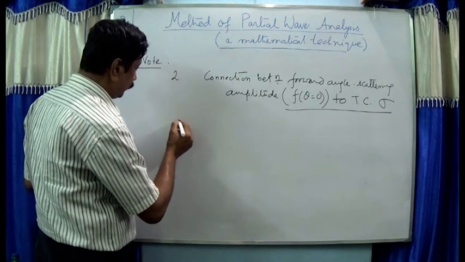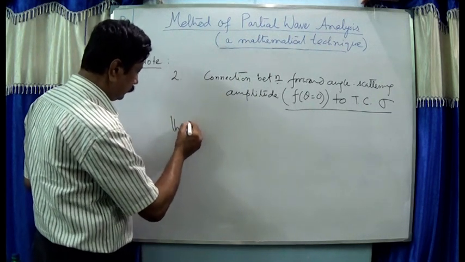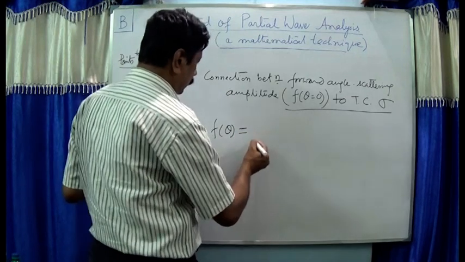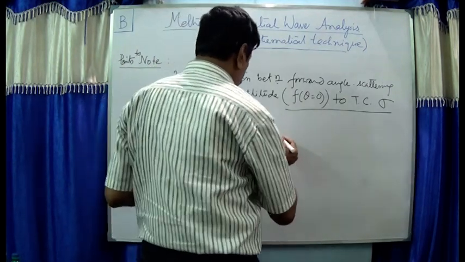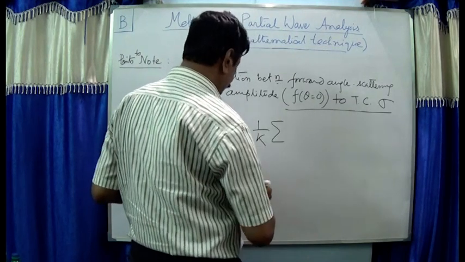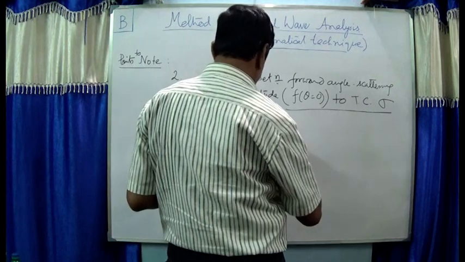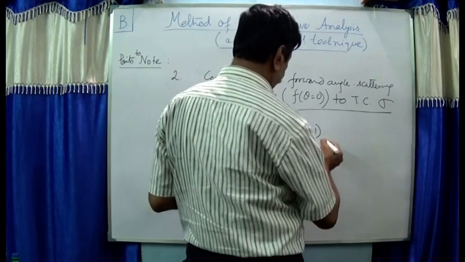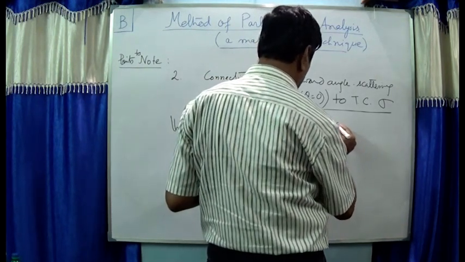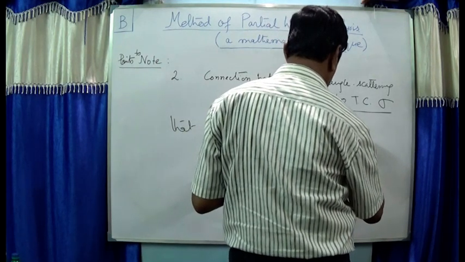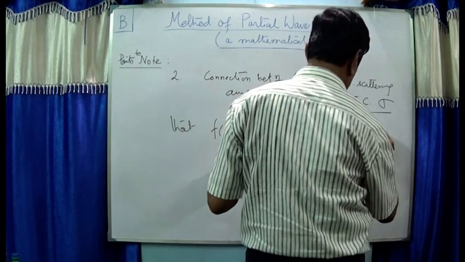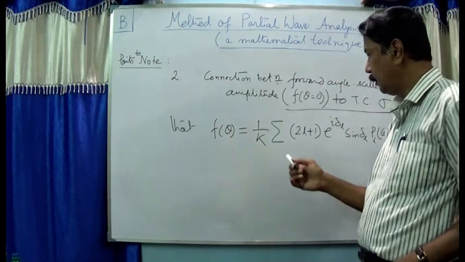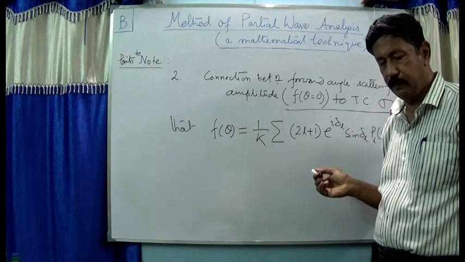We may recall that the scattering amplitude f theta can be written as 1 by k sum over twice L plus 1 e to the power i delta L sin delta L into P L cos theta. This equation we already derived for point 2.